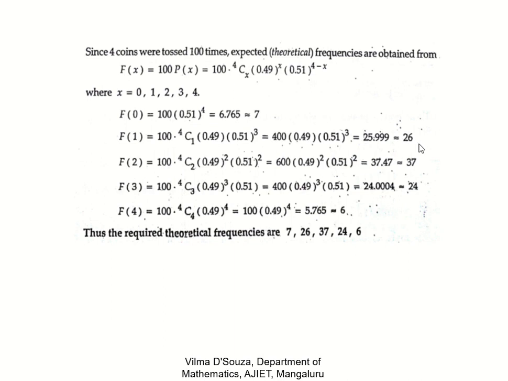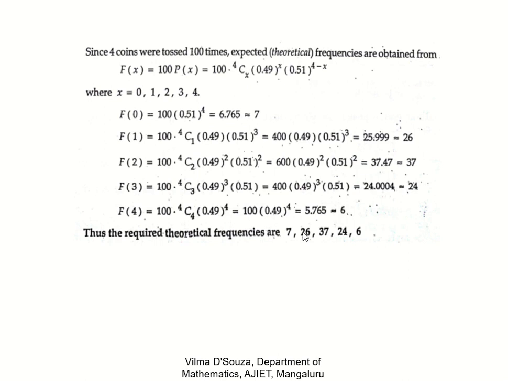Simplify, you will get 26. F of 2: 100, 4C2, 0.49 square, 0.51 to the power 4 minus 2, that is 37. F of 3: 100, 4C3, 0.49 cube, 0.51 to the power 1, that is 24. Similarly, calculate f of 4.